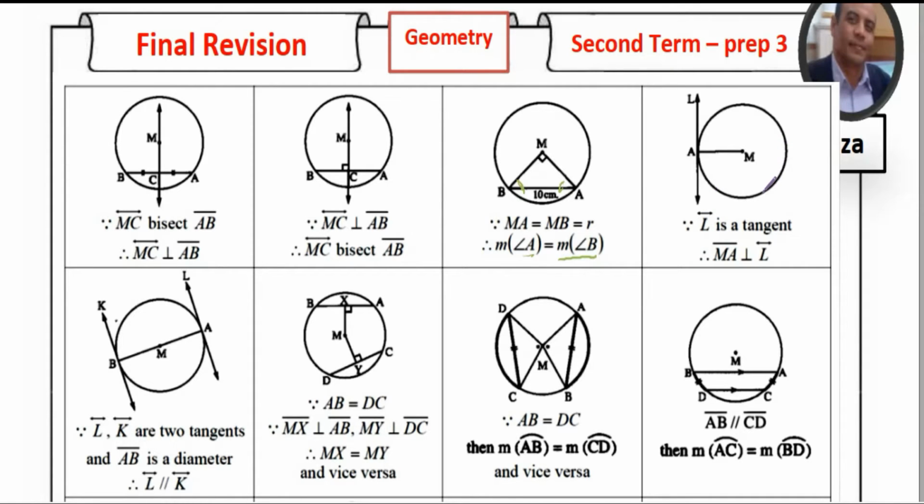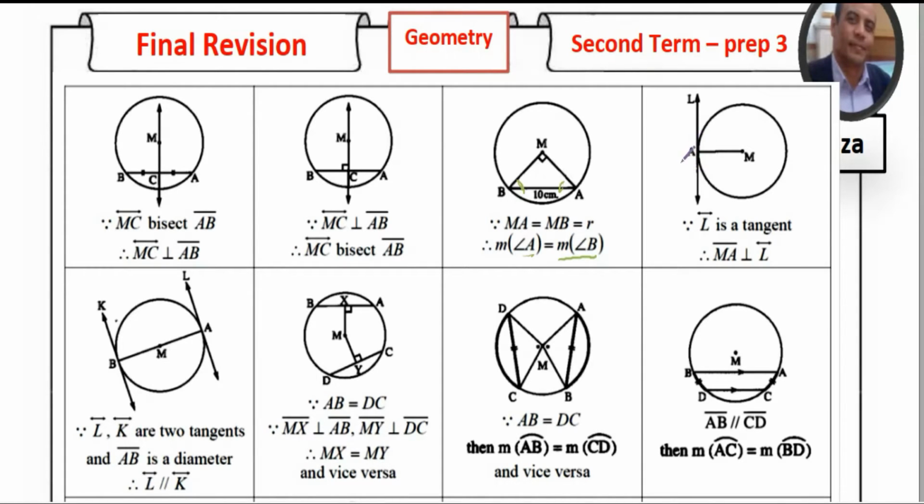In this picture, the straight line L is a tangent. What is the meaning of the tangent? Remember, the tangent is a straight line or a line segment or a ray that touches the circle at one point.